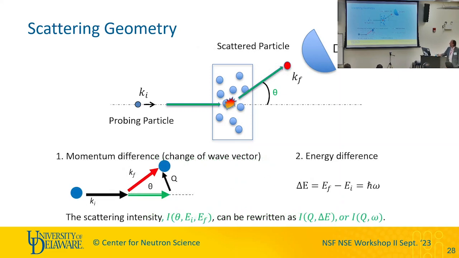So as we go along, we have to calculate that momentum difference, and momentum is just related to the values of the initial k and the final k, so it's related to the wavelength. And we have to calculate the energy difference, which is Planck's constant times the frequency of the radiation. And so we can think about the scattering intensity as a function of both this q vector, which is the angle that I'm looking at relative to the main beam, and the change in energy due to interaction with the material, okay?